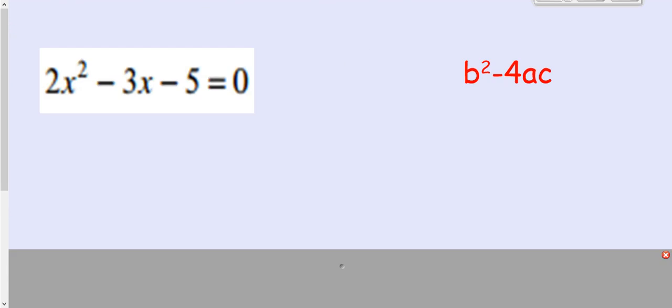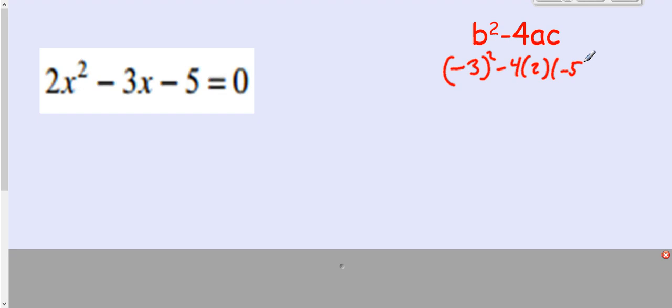So what we should always do when we're using our quadratic formula is check the discriminant before we even get started.